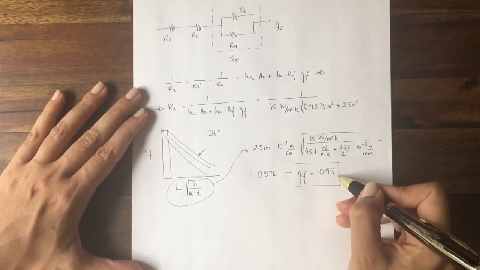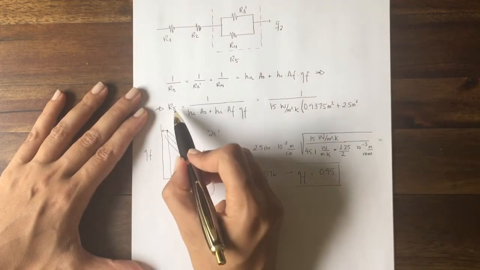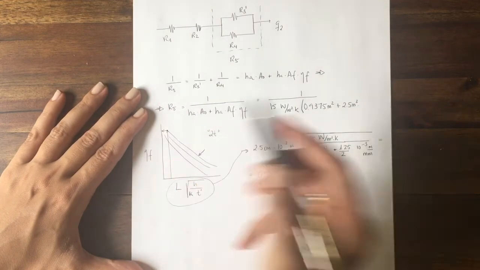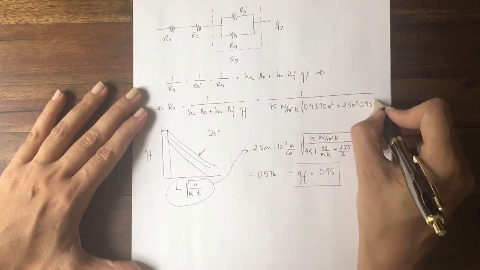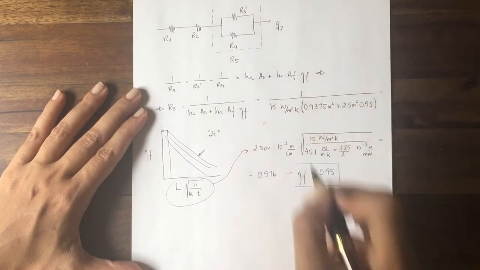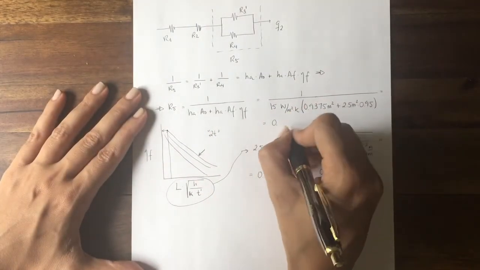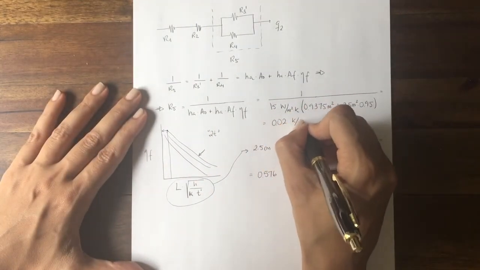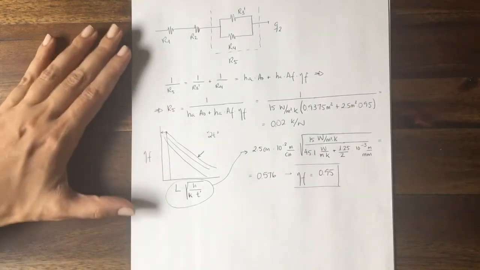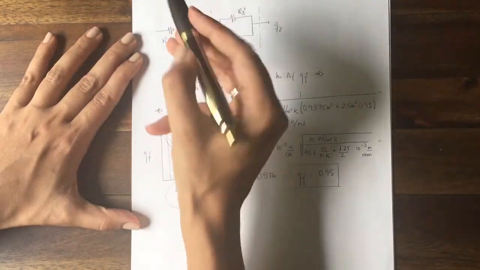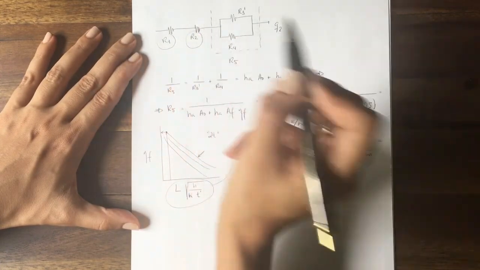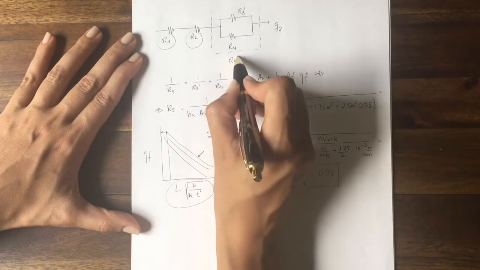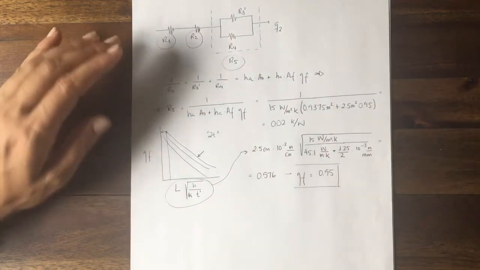So now we can use this value of the efficiency, 0.95, to calculate the resistance R5. And therefore the value of the resistance is 0.02 Kelvin per watt. So now we know the value of the resistance on the water side, the resistance due to the conduction, and also the resistance due to the fin.